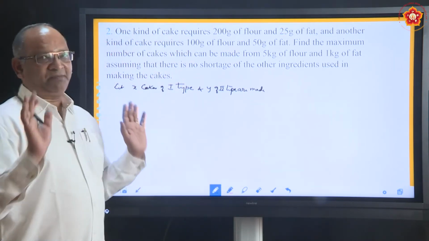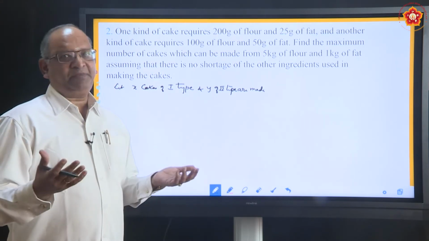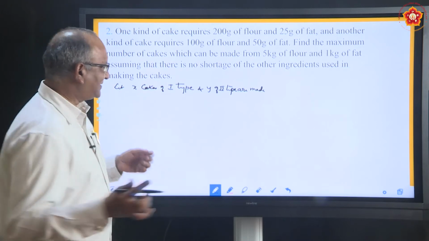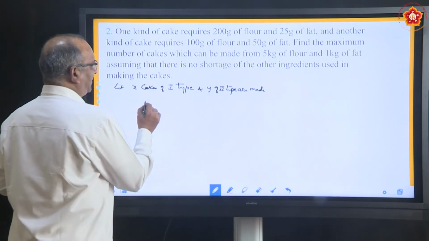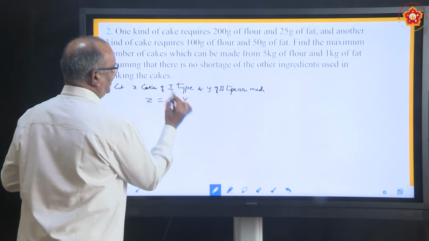So we assume the numbers. How many cakes can be made? That's what he is asking. So that is the optimization function z. Z is equal to x plus y.